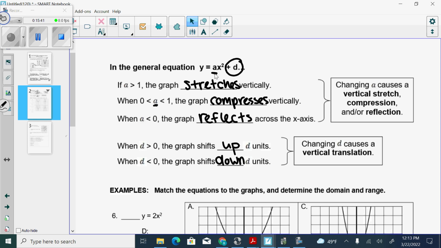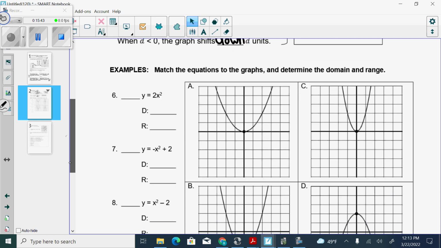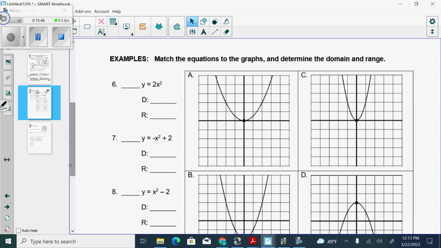Okay? All right. So it says they want us to match each one of these graphs with the correct picture and then fill in its domain and range. Okay, so on number 6, we've got a 2 in front of the x squared. What should that 2 be doing? Stretch, right? So it should be skinny, right? Is it going to be moved up or down any? No. Is it going to be upside down?